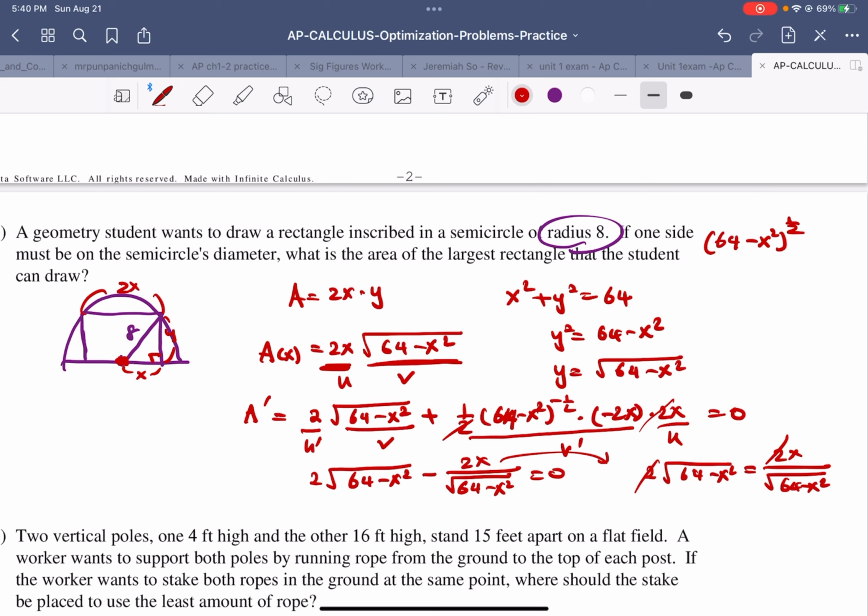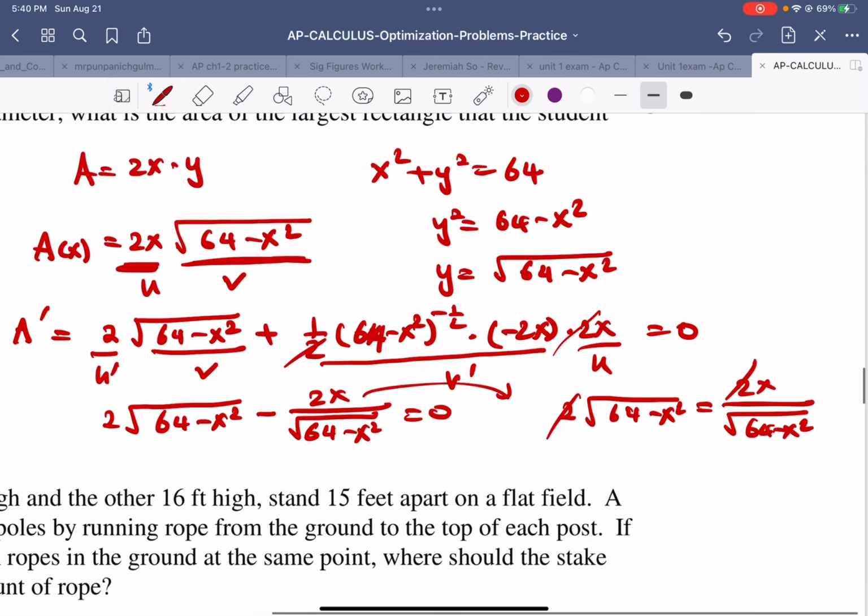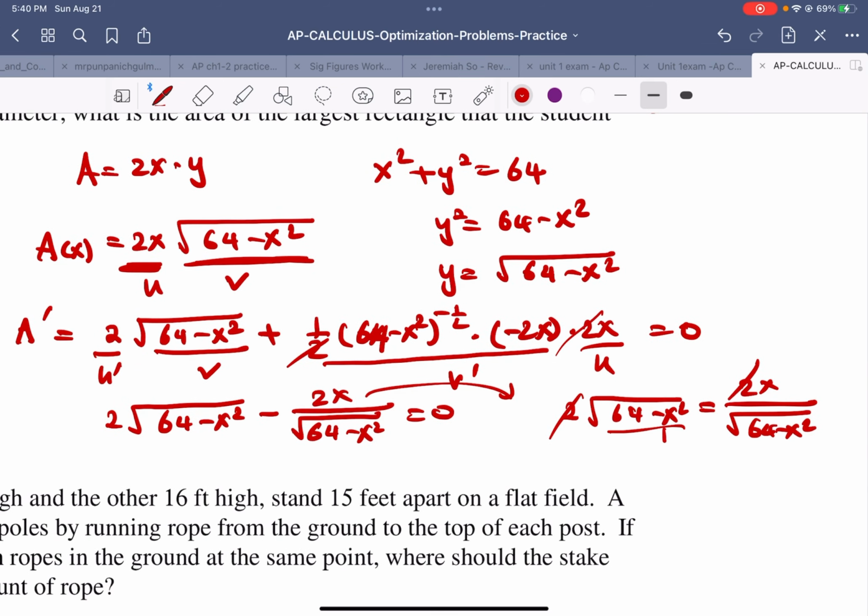So the 2 drops, cancels out. Now when you cross multiply, the square root of 64 minus x squared times the square root of 64 minus x squared, you take out the square root, then 64 minus x squared only, that times x. Now x squared plus x minus 64 equals 0 once you move everything to the other side.